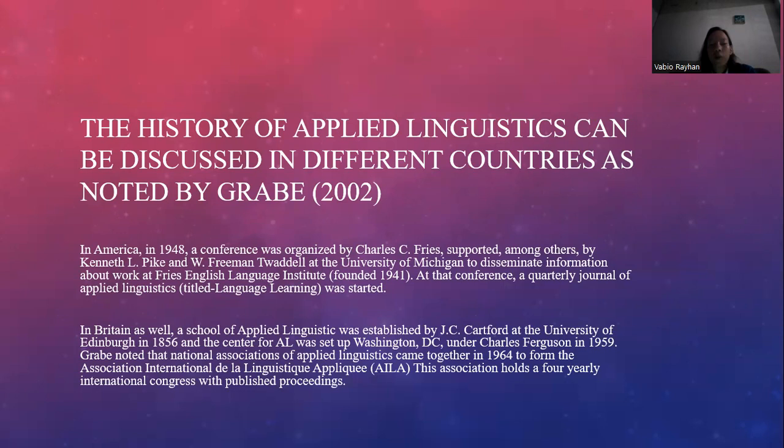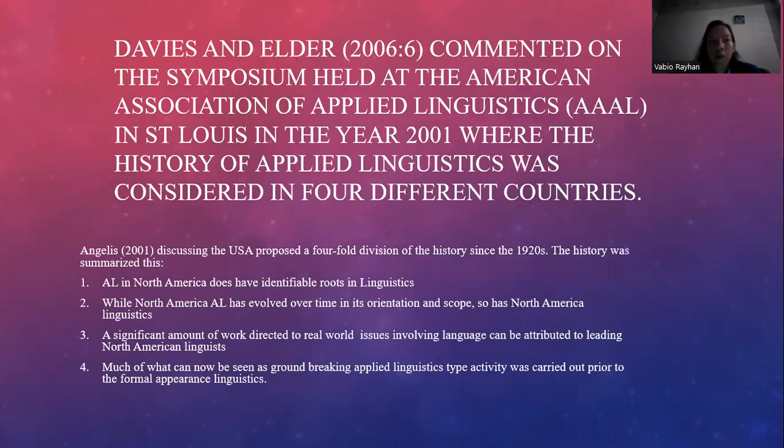Grabe notes that national associations of applied linguistics came together in 1964 to form the Association Internationale de Linguistique Appliquée (AILA). This association hosts a four-yearly international congress, with published presidents, Davis and Elder, 2004.